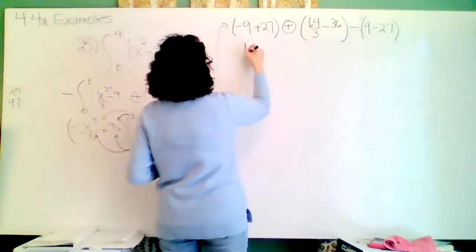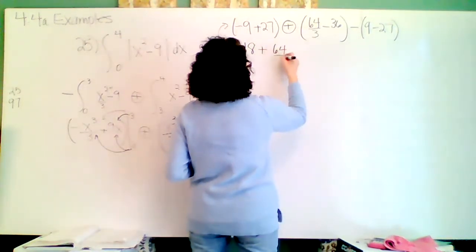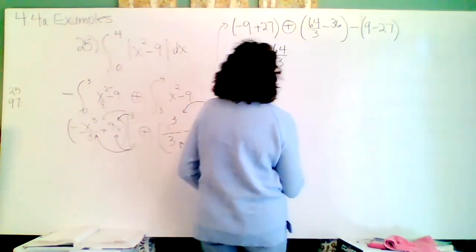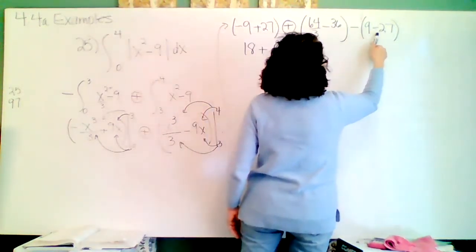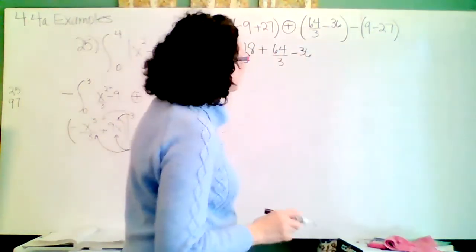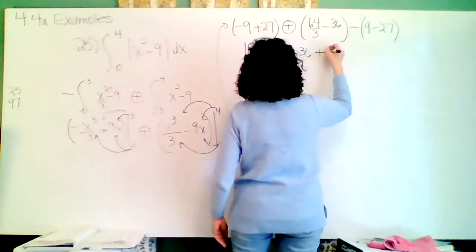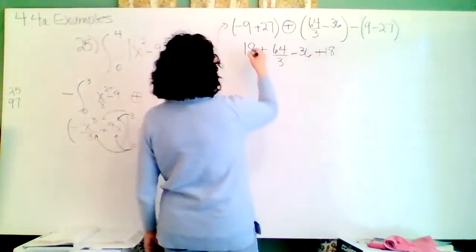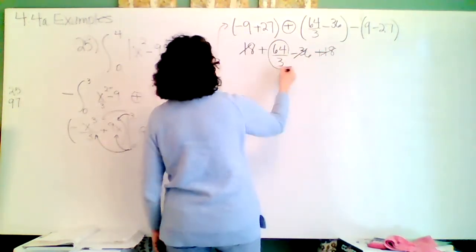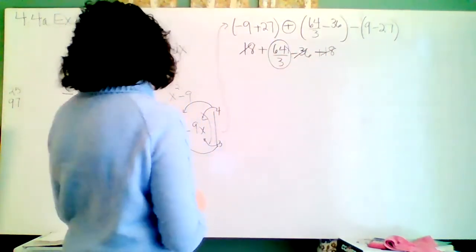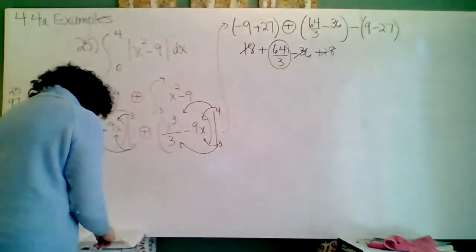We have an 18 plus 64 thirds. I don't feel like messing with that right now. Let's take a look. Minus 36. 9 minus 27 is a negative 18, and now it's a positive 18. So take a look here. I have 18 plus 18 is 36 minus 36, and I get 64 thirds. Look at that. I didn't even have to deal with the fraction.